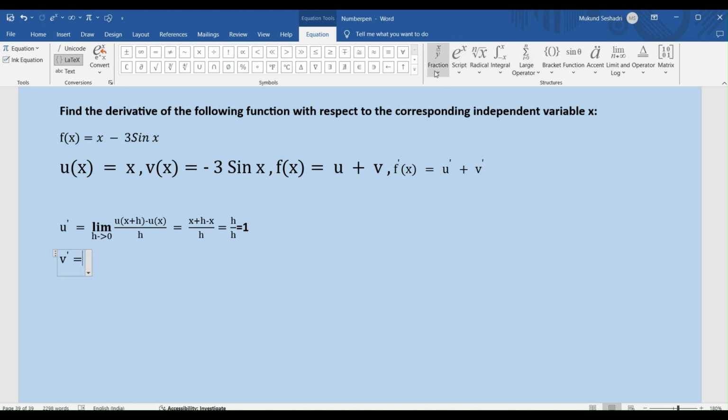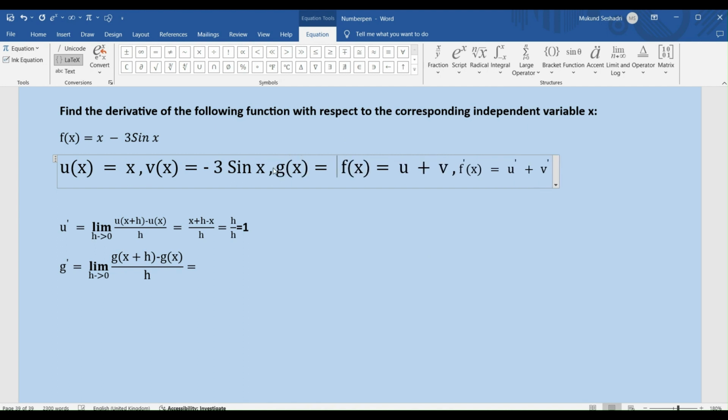So let's do that. I will not call it v dashed, so let me call it g dashed, right? And let me call this g of x plus h minus g of x divided by h, right? So my g of x equals sine x, okay?